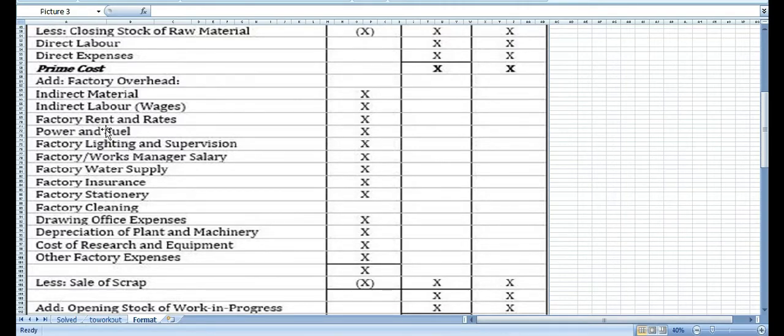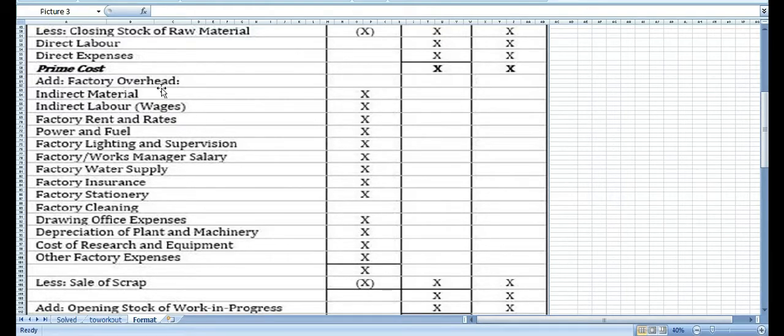So factory rent and rates, power and fuel required for the factory to run, then factory lighting and supervision, factory works manager salary, factory water supply, factory insurance, factory stationery, factory cleaning and drawing office expenses, depreciation of plant and machineries, cost of research and equipment, and other factory expenses. These are the items we have to add under factory overheads.